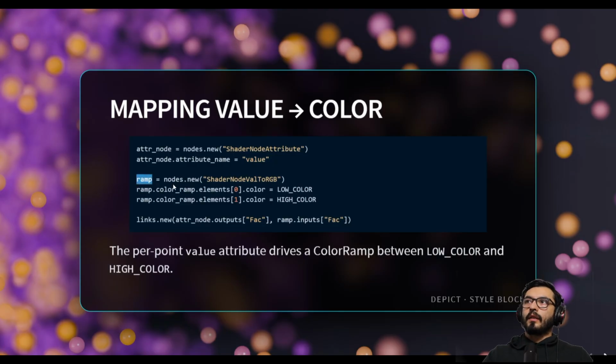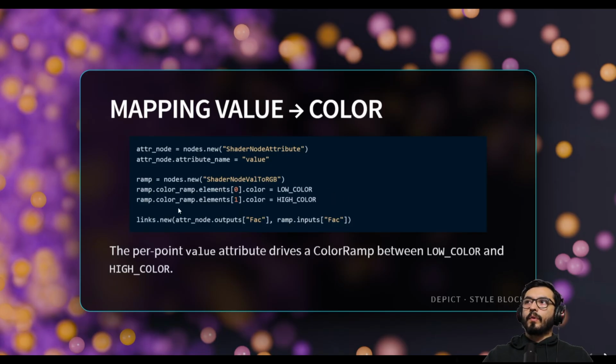Then we will create the node called shader value to RGB, which is the ColorRamp. We create this node, and we will just use the low color that we define at the beginning and the high color at the 0 and 1 positions of the ColorRamp. This is what we will have.